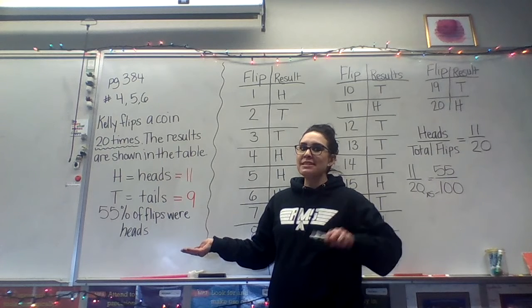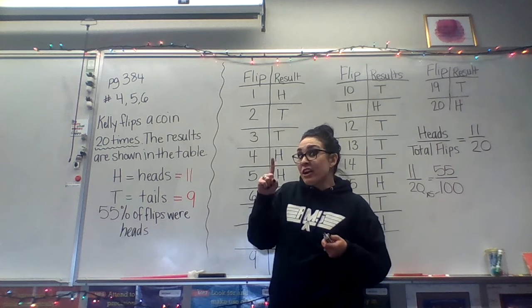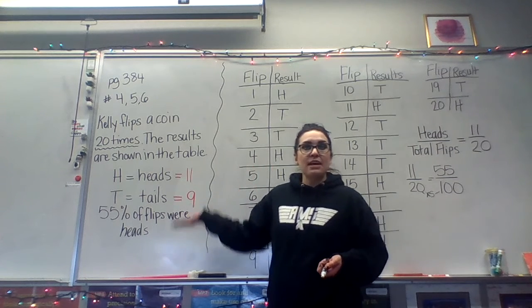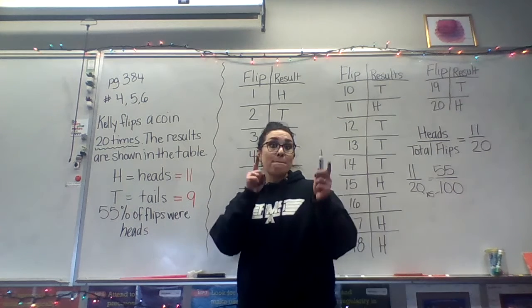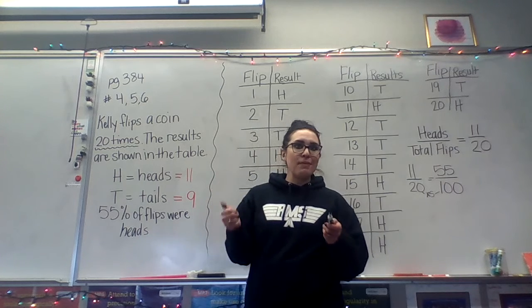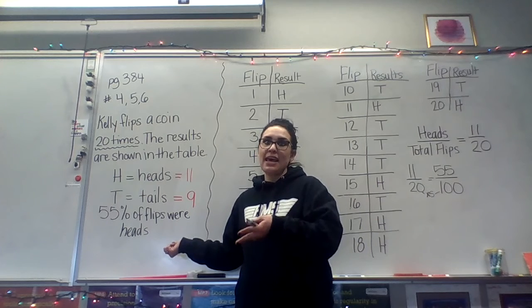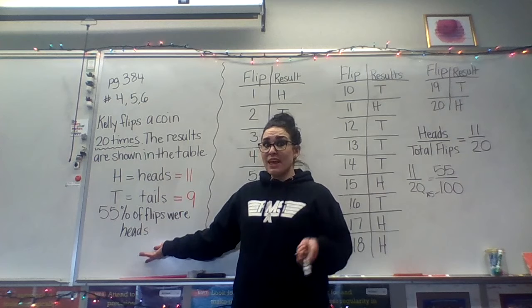Now, what number 6 is asking you is to compare those 2 ideas, right? In theory, if everything was all perfect, it'd be 50%. 50% of the time heads would be the winner, 50% of the time tails would be the winner. But experimental probability told us that once Kelly was actually flipping that coin 20 times, it didn't work out to 10 heads, 10 tails. It was a little bit different. 55% of the time, it was heads.